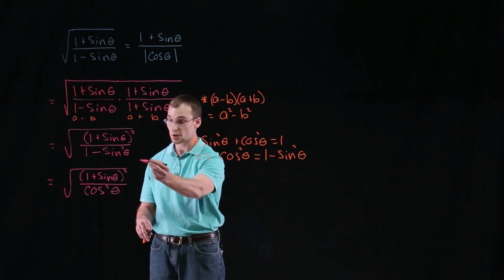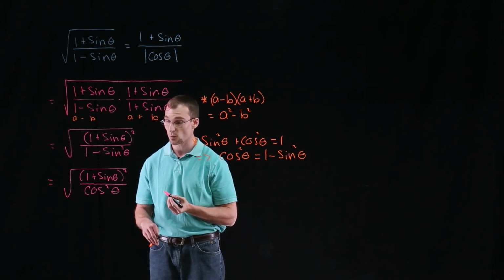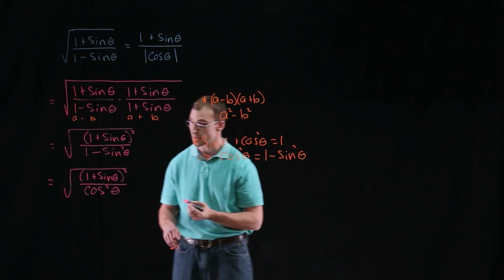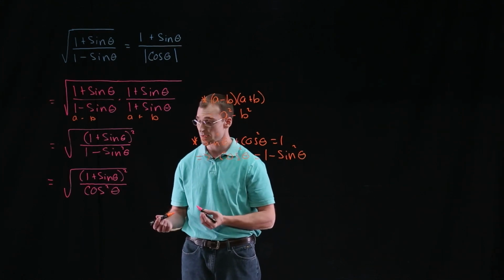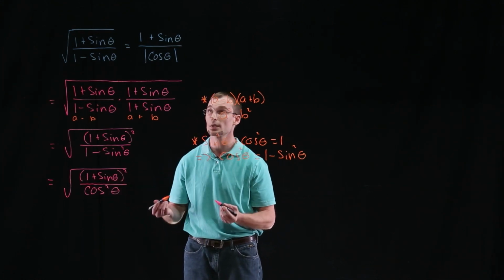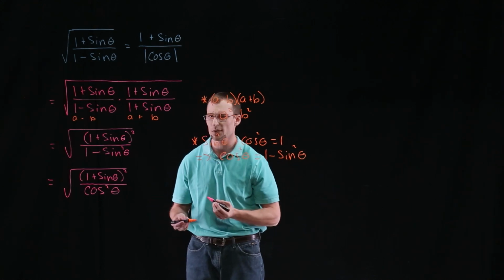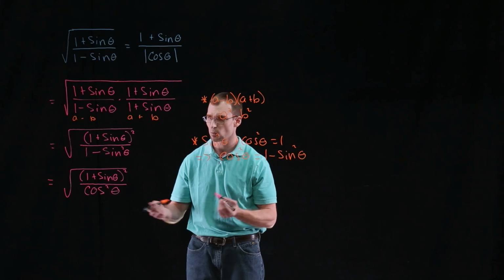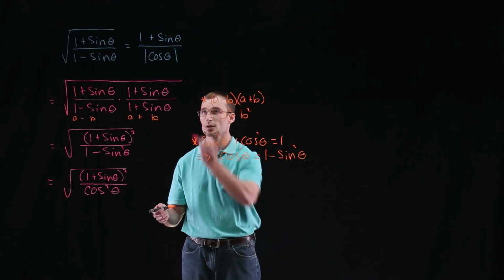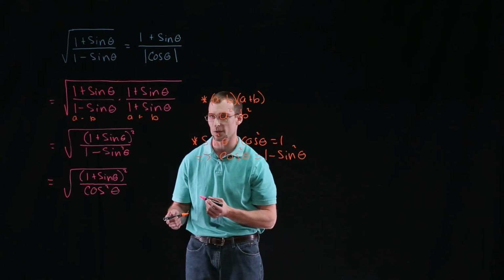Now we have the square root of (1 plus sine theta) quantity squared divided by cosine squared theta. Taking the square root of a square gives us 1 plus sine theta, but if we take the square root of cosine squared, why don't we just get cosine theta? Where's this absolute value coming from?